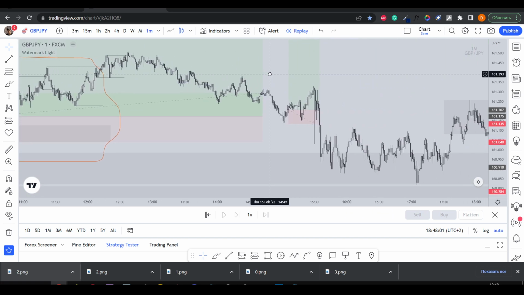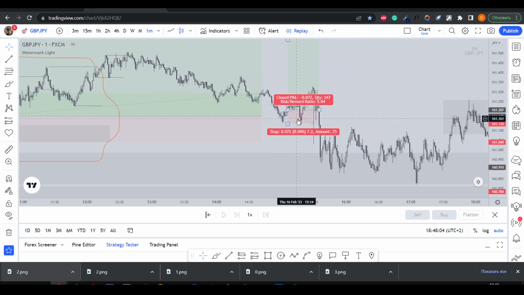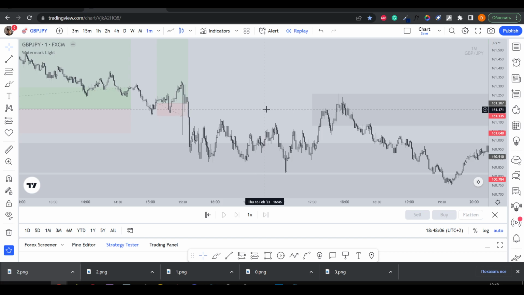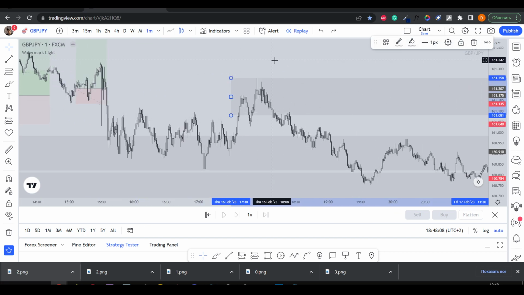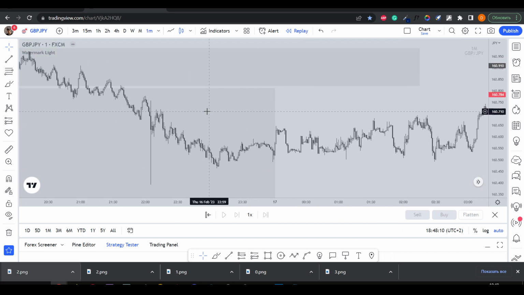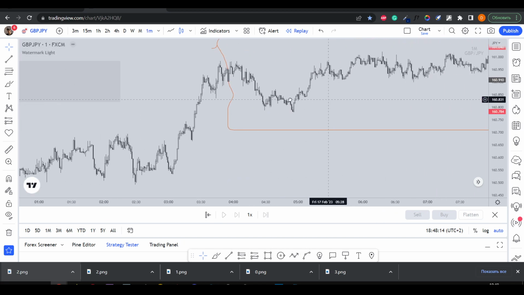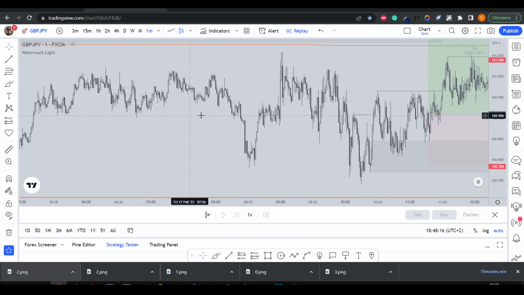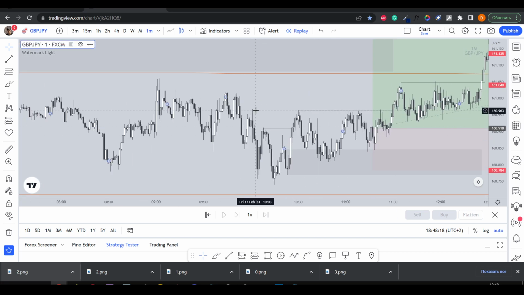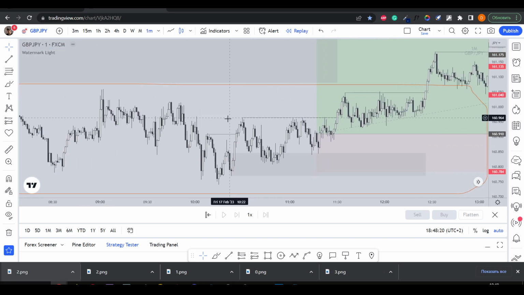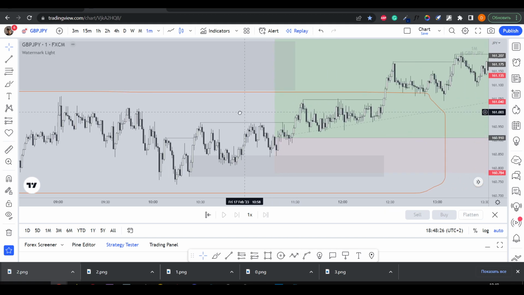And then I took this entry that was not supposed to be taken, so just an unnecessary loser. Later the price mitigated deeper into the zone and started to go up, created some ranges, and then created this break with the zone, and I just confirmed it here with the usual entry.